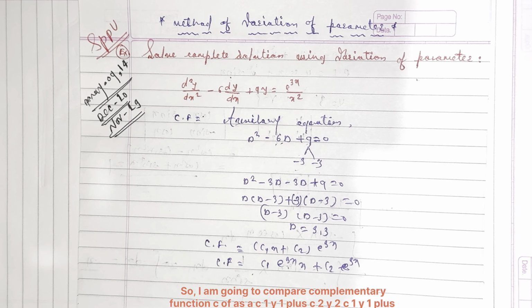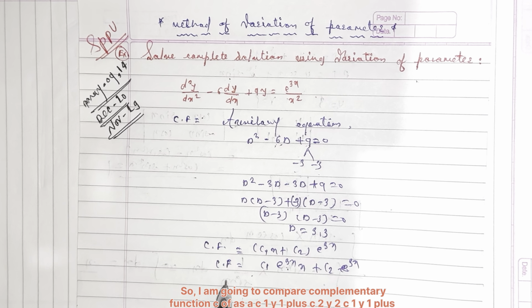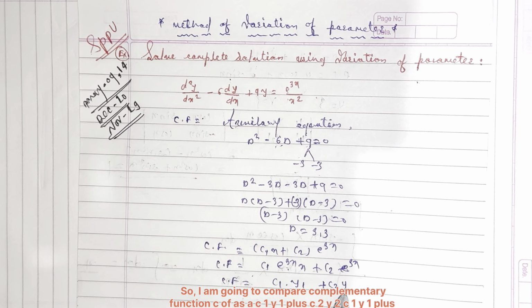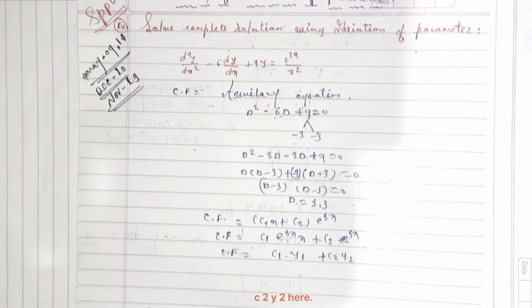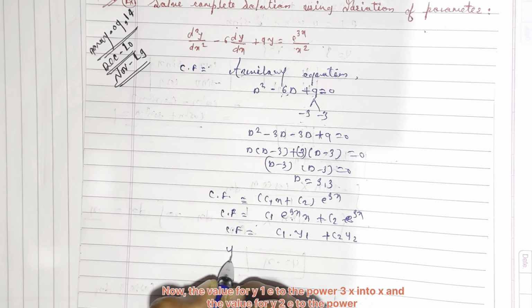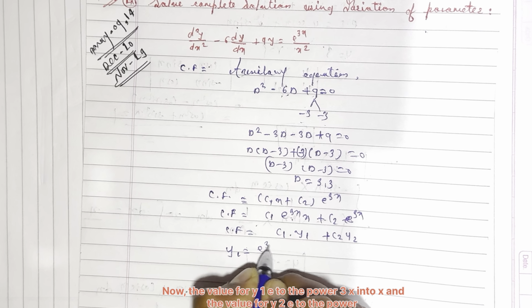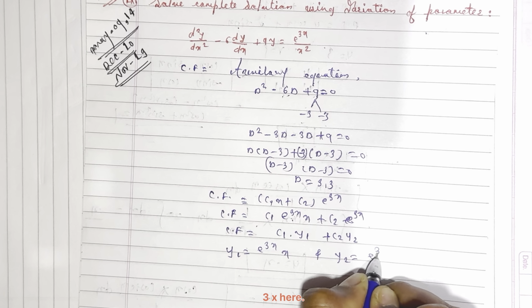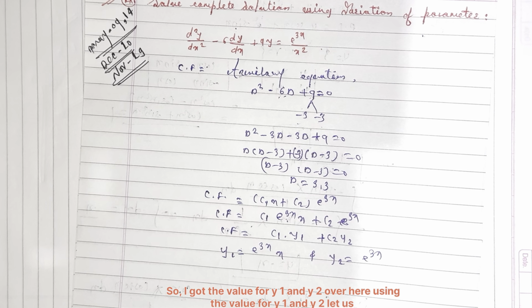So I'm going to compare the complementary function CF as c1 y1 plus c2 y2. Now the value for y1 is e to the power 3x into x and the value for y2 is e to the power 3x. So I got the values for y1 and y2.